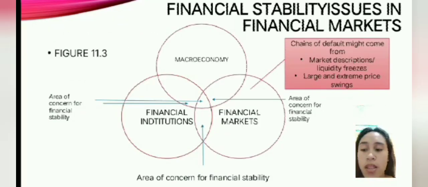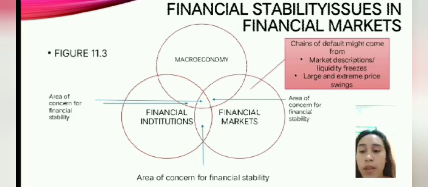As we can see in Figure 11.3 on the areas of concern of financial stability, the economy is at the top, then financial institutions are on the left side, and financial markets are on the right side.